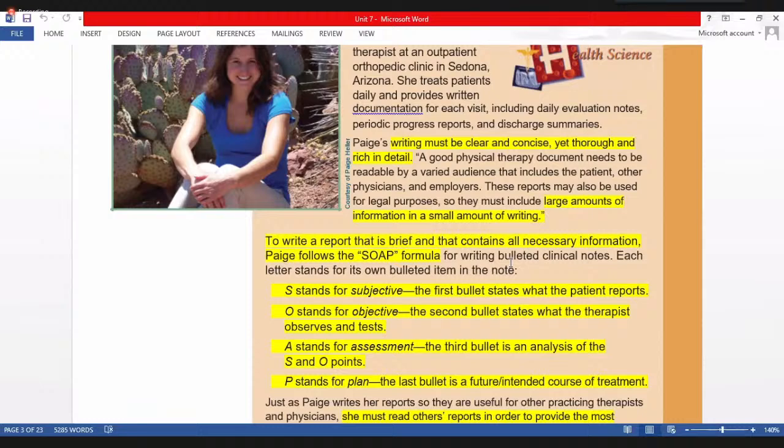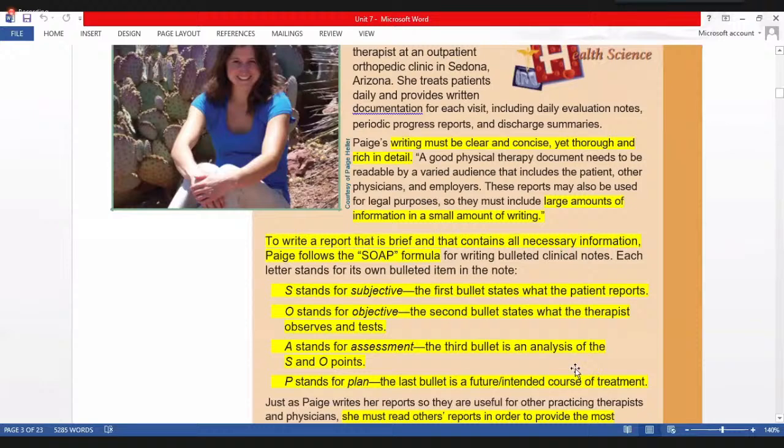So that's why these days readers prefer brief writing, small writing, which contains necessary information, important information, because they don't have time to read unnecessary things, isn't it? So that's why she says to write a report that is brief and that contains all necessary information.